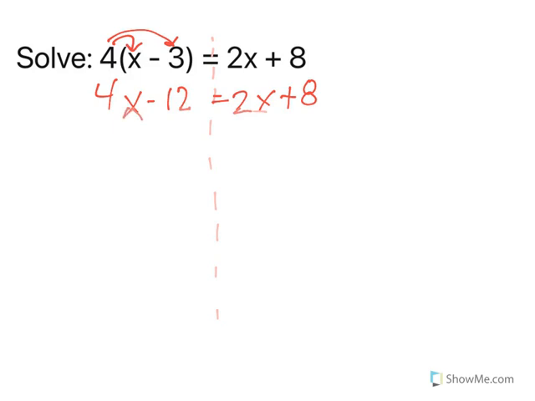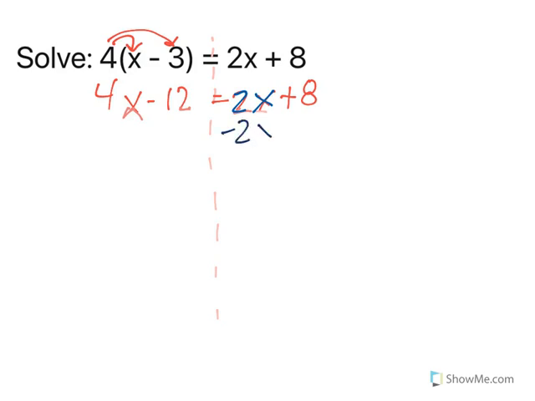It doesn't matter, just as long as you do this mathematically correctly. Now, I try to keep things positive. Sometimes I run into folks who say, I always want my variables on the left. It doesn't matter. There's not a right or a wrong way. As long as you are doing the same thing to both sides, that is what is important. So I'm going to go ahead and move all the x's to the left, meaning I want to move this 2x to the other side. So this is like saying if I had 2 apples, how do I get rid of them?